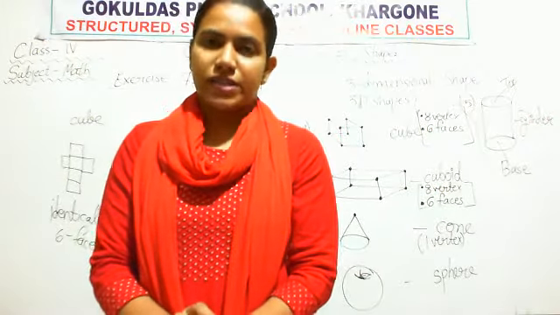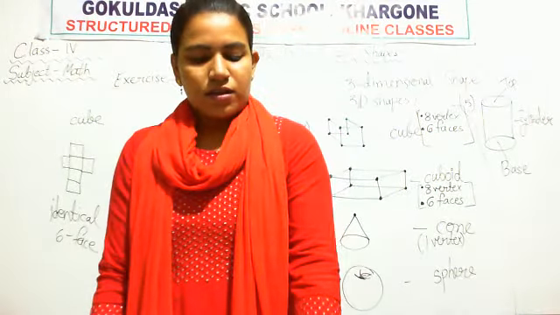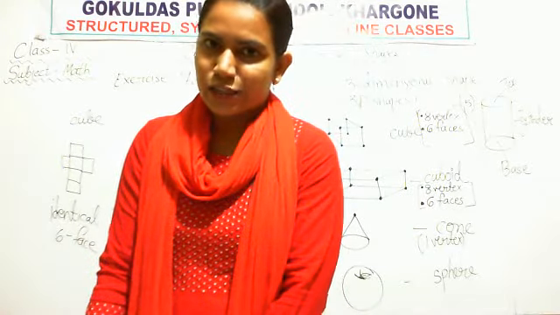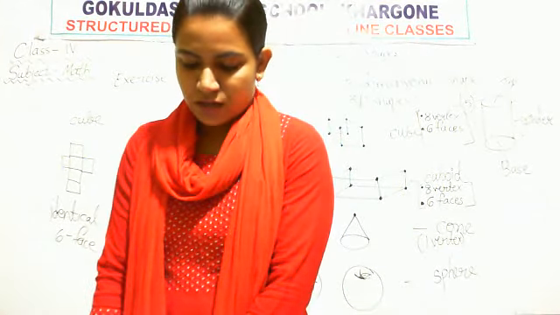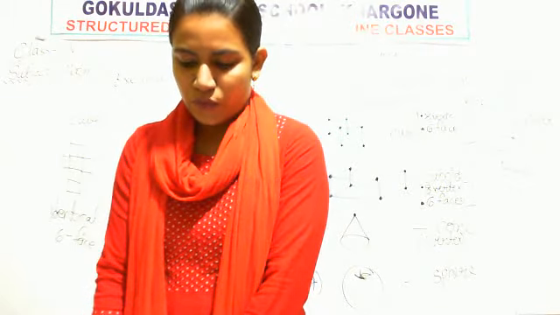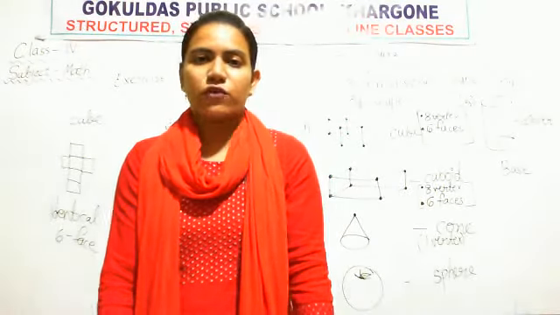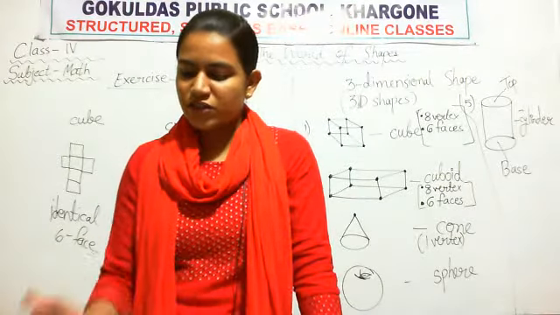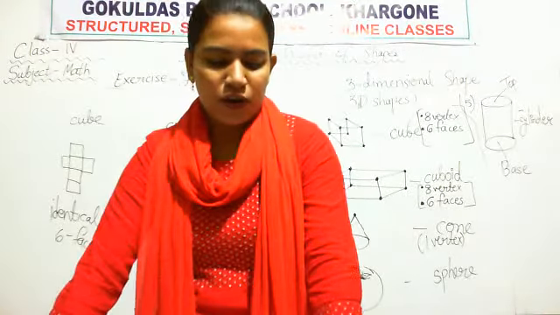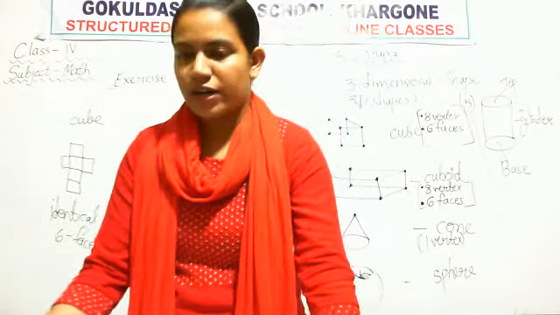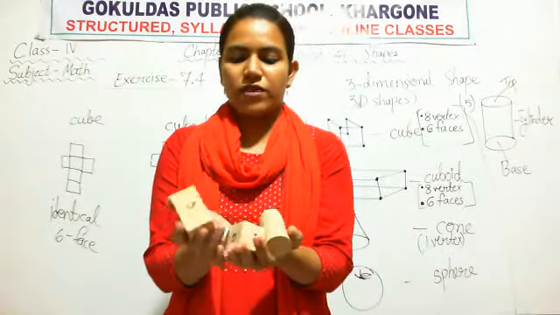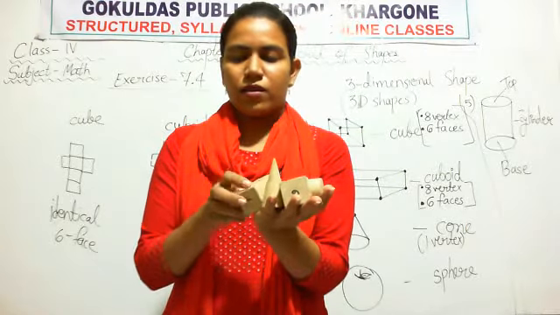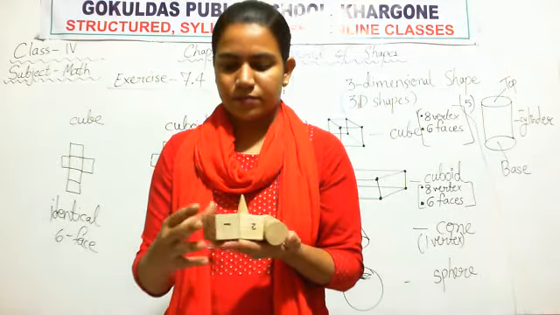Now open question number 2. Right now be ready with your pencil. Fill in book. Later you will write in your notebook. So question number 2. Name a solid shape with only one vertex. Which solid shape has only one vertex? Tell me. I have these solid shapes.